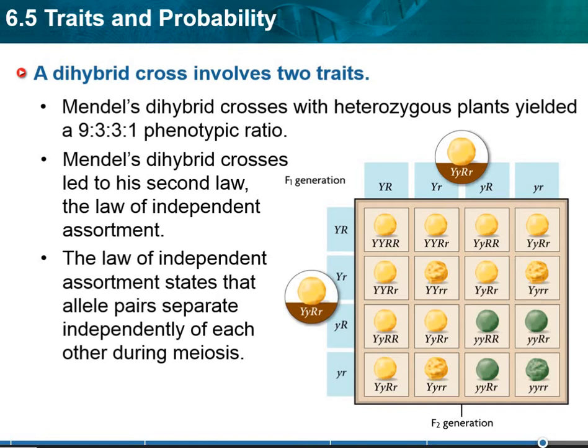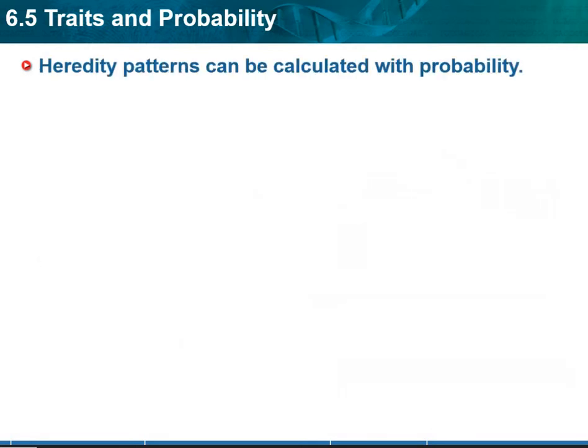So both of them are heterozygous for yellow and round, and you're going to end up with 9 of them being yellow and round, and then you're going to have 3 that are wrinkled and yellow, and 1 that's wrinkled and green, and you're going to have 3 that are round and green. So that was his cross that he ended up doing.